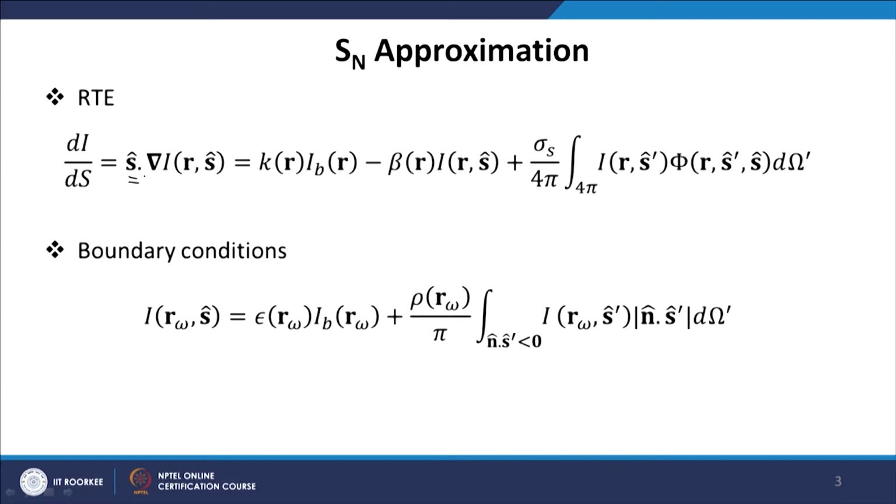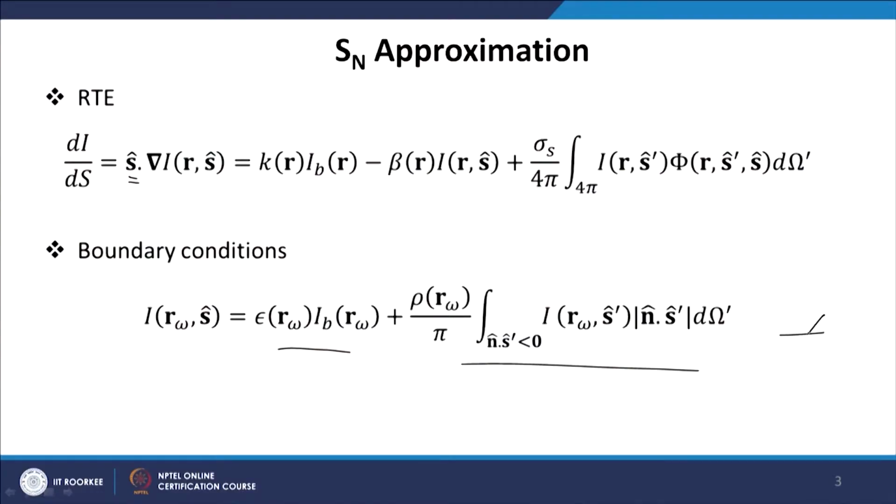This radiative transfer equation is subjected to a boundary condition at the wall, where we have two components: the emission from the wall and reflection from the wall. Reflection will have reflectance rho times irradiation from all the directions. So, we have to integrate over the solid angle for all the intensities coming.